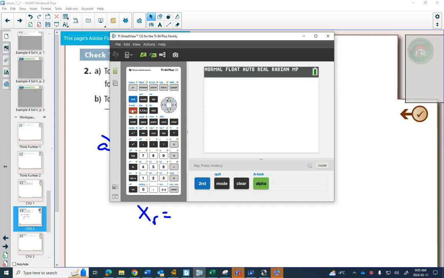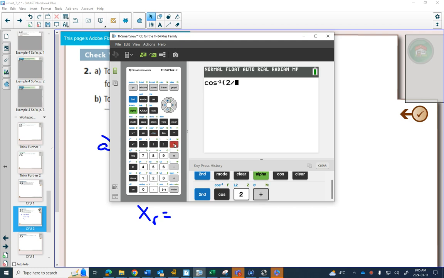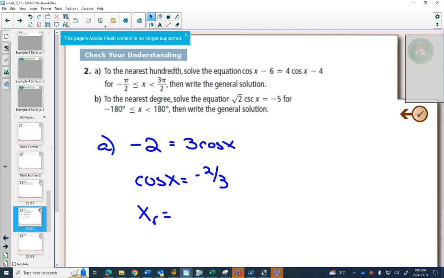So I'm going to go cos inverse of positive 2 divided by 3, and this will be my reference angle of 0.841. And like I said before, sometimes I just put the 3 dots there to remind myself, don't round early, keep all of your decimal places to the end.